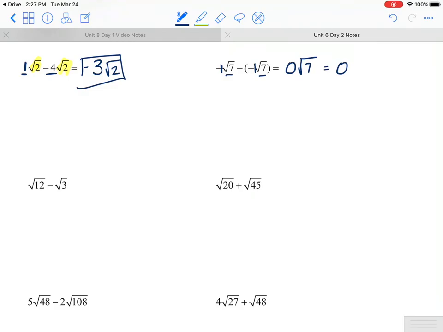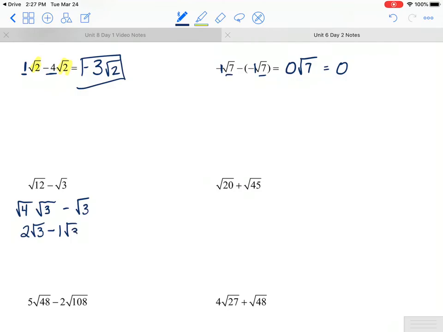All right, if I take a look here, with this example, I notice that both my radicals are unlike. However, I know I can simplify radical 12. I can split that up into the largest perfect square, which would be 4 times 3. And I'm just going to bring down this radical 3. Now I can take it a step further and simplify this to 2 radical 3 minus 1.